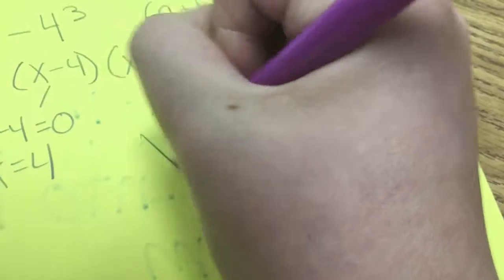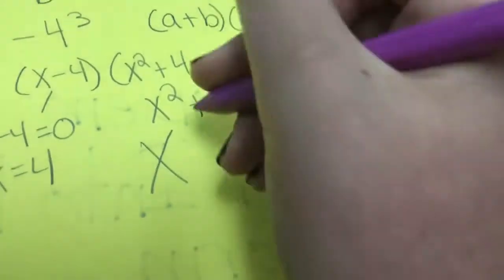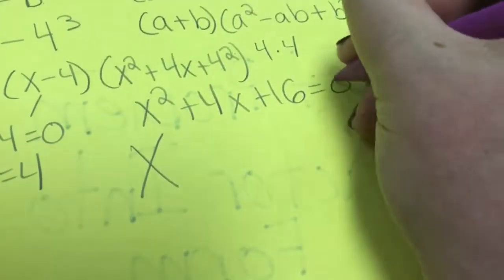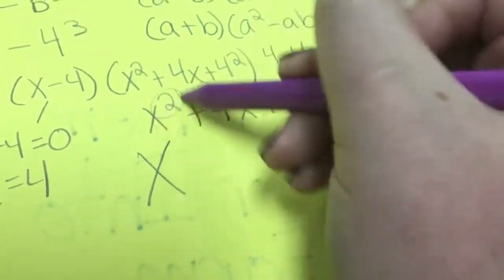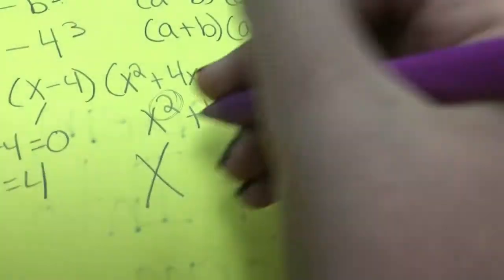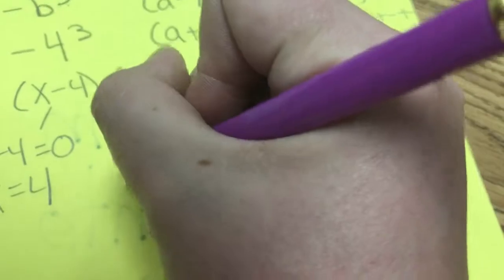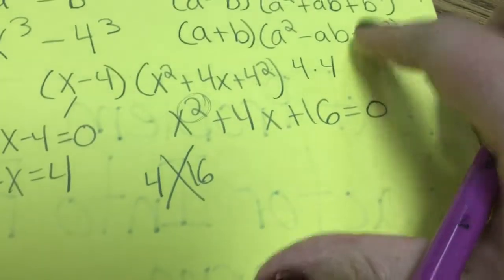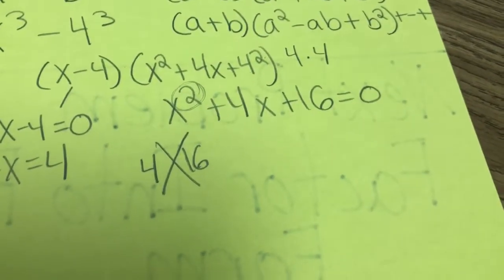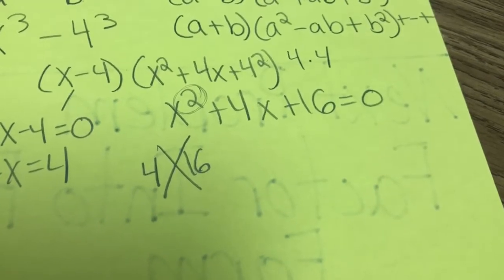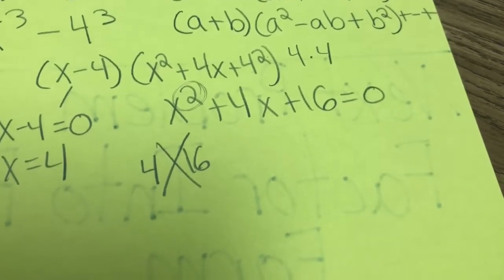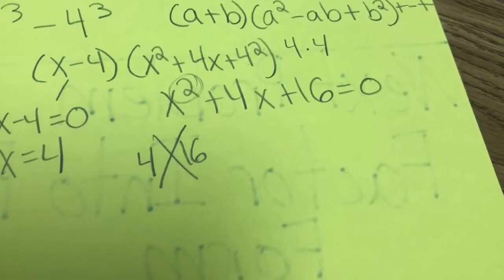So I'm going to factor, because this is equal to 0. I need two values that multiply to 16 and add to 4.